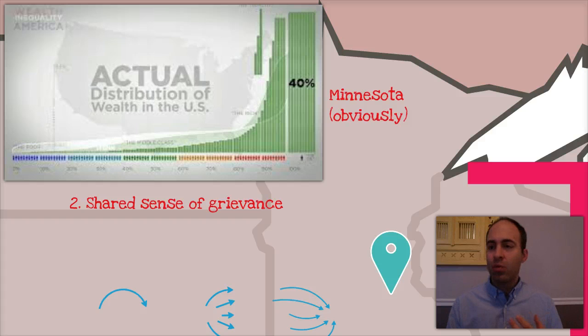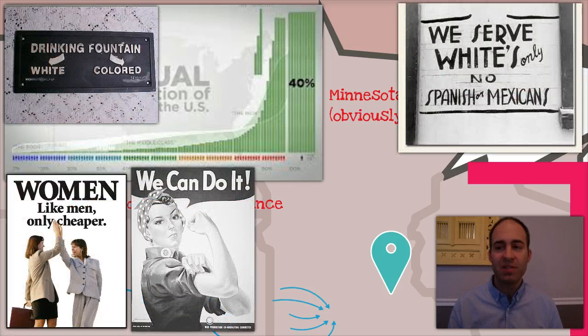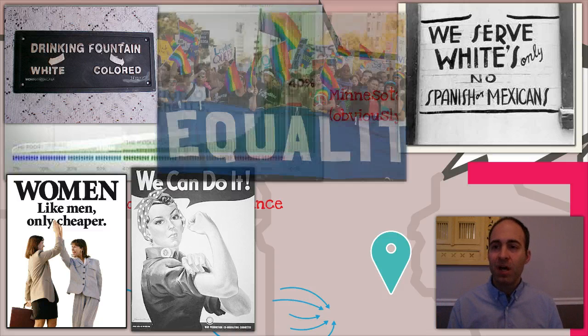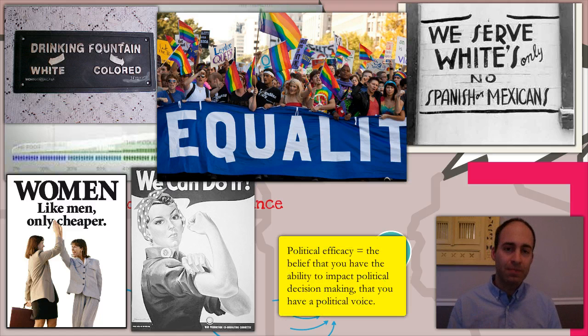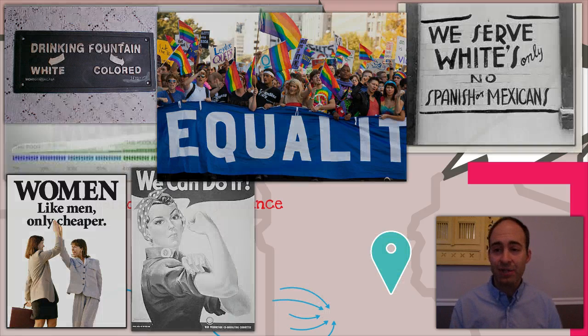Things like wealth inequality between the rich and poor, political or social discrimination based on race, gender, sexual orientation, or otherwise. The idea here is that groups have the resources to organize, and they have a shared sense of political efficacy. Their actions will actually matter. But ultimately, they all share in the idea that there is this communal grievance. It's a group-based problem, and ultimately is going to require a group-based action.